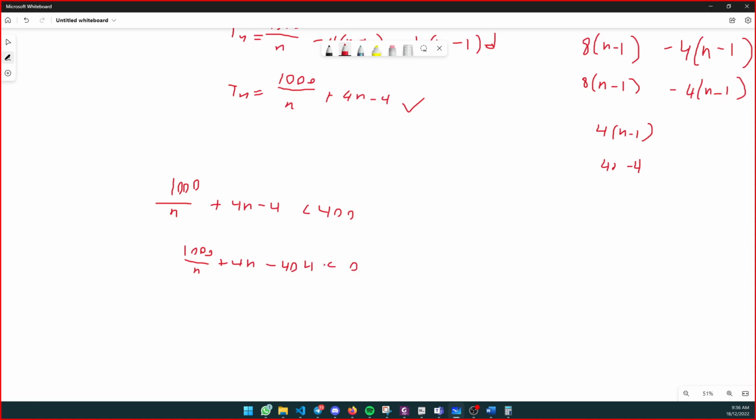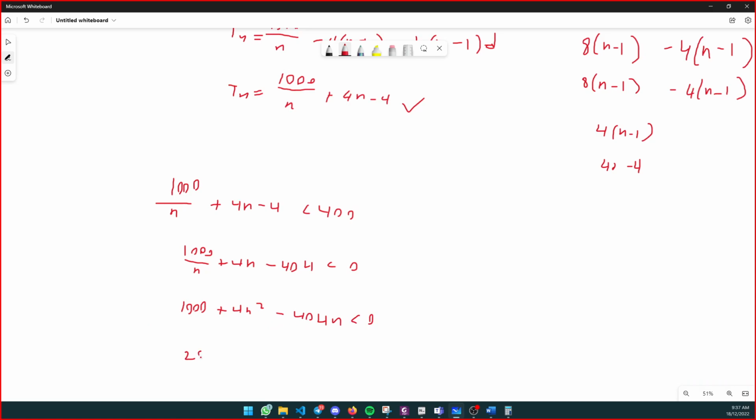Okay. Then you can use the quadratic equation. You can multiply all of this by n first. So you get 1000 plus 4n squared minus 404n. And then I think you can simplify, divide everything by 4.